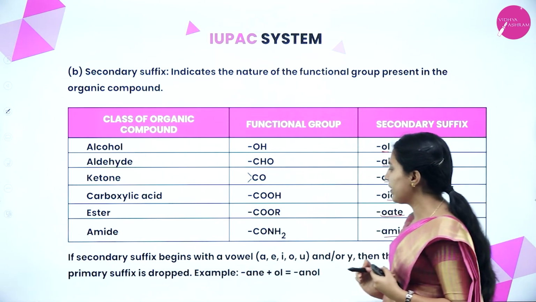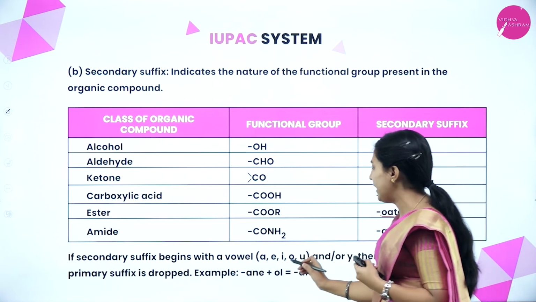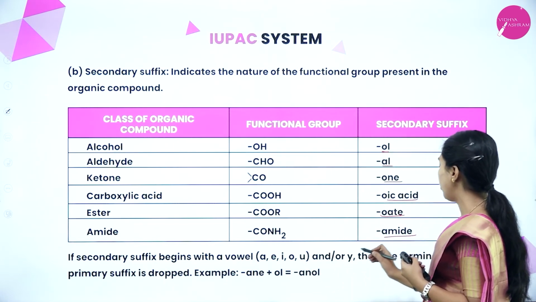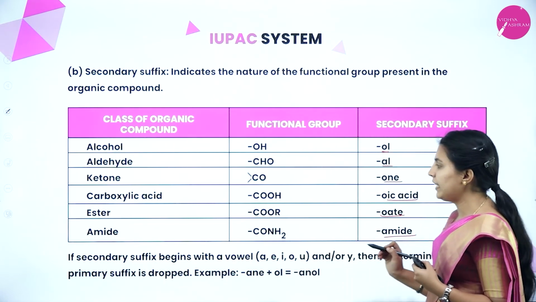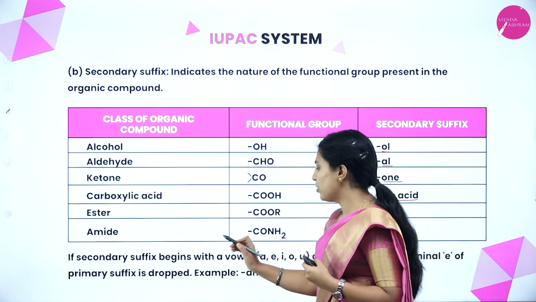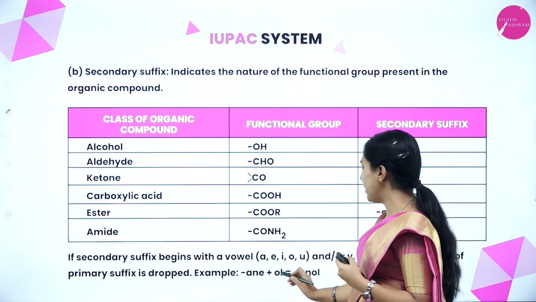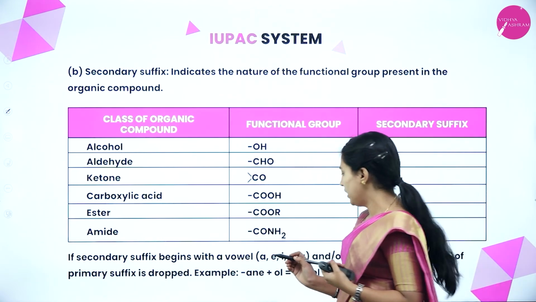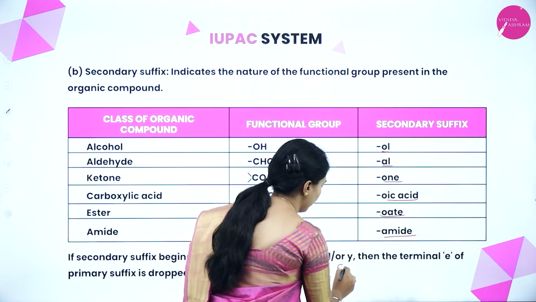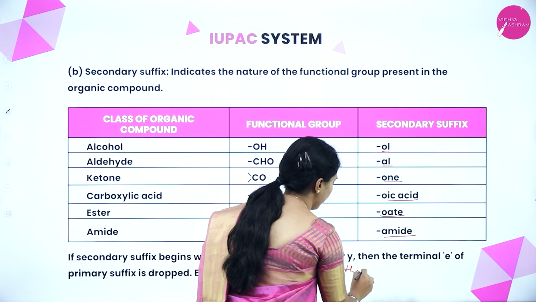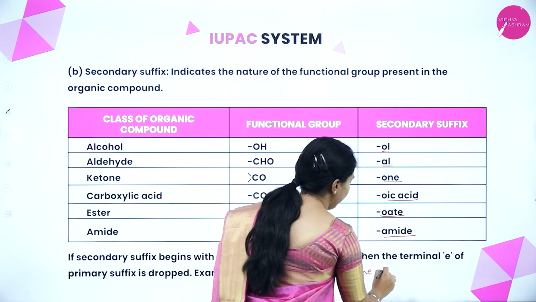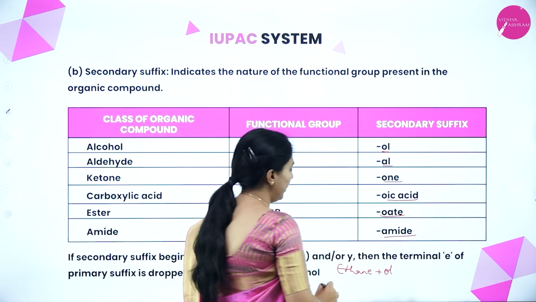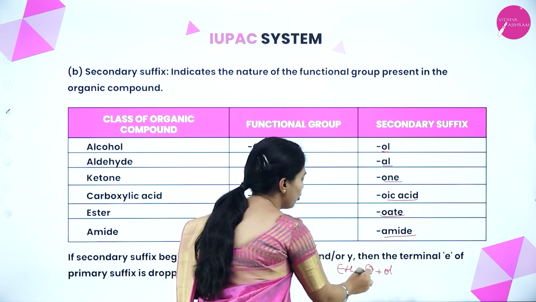If the secondary suffix begins with a vowel, A, E, I, O, U or Y, then the terminal E of the primary suffix is dropped. Example, ane plus OL, anol. Like ethane, see here, ethane, if it is attached to alcohol, this E will be dropped.